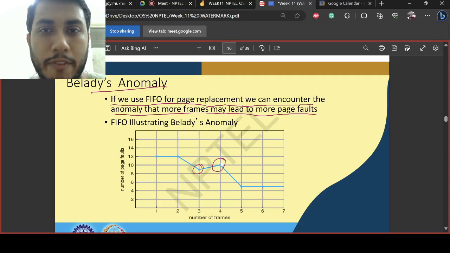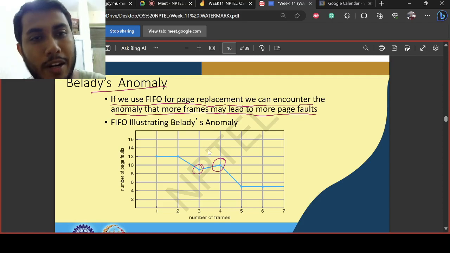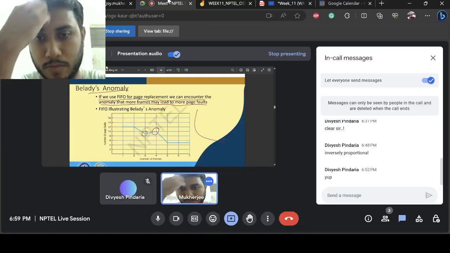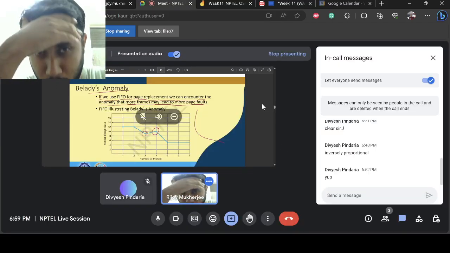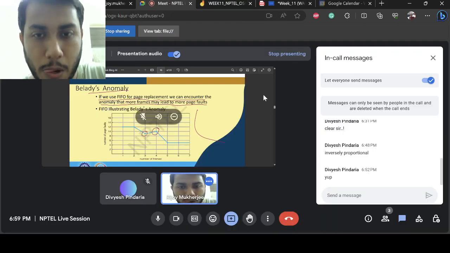This is your Belady's anomaly. So if you use FIFO for page replacement, we encounter this anomaly that more frames may lead to more page faults. Whereas our graph was something like this, right? So this is a problem with FIFO. So any doubt regarding this so far?